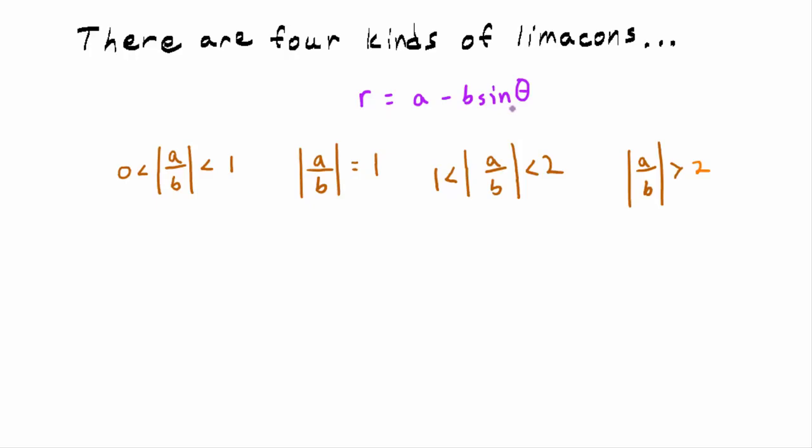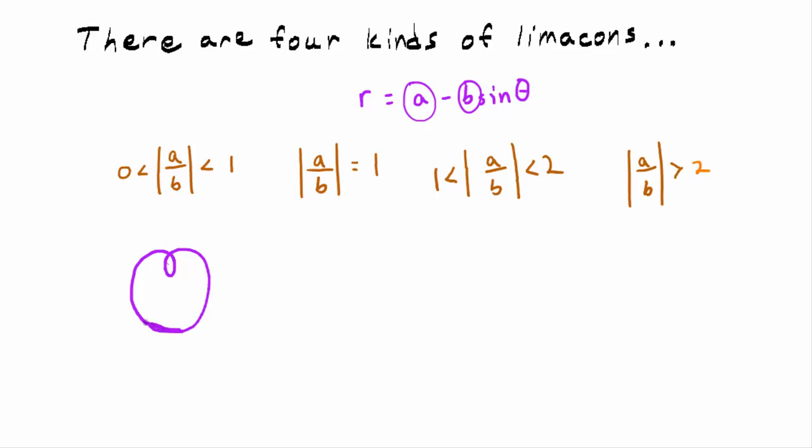So if it turns out that the absolute value of A divided by B is a proper fraction between 0 and 1, then you get a graph that has an inner loop in it. It'll look kind of like a heart, but with an inner loop, and then it'll be nice and smooth down here.